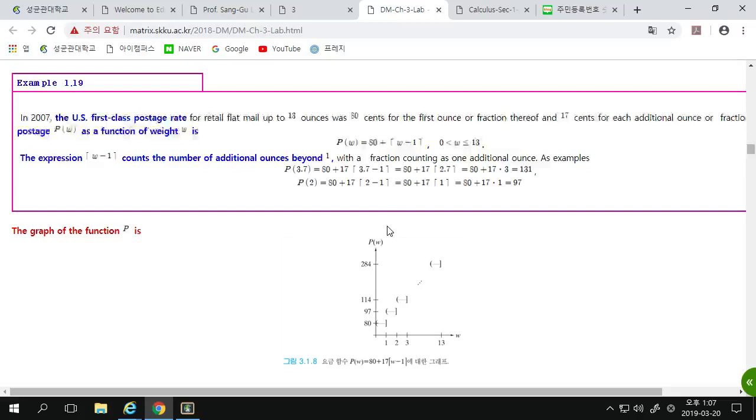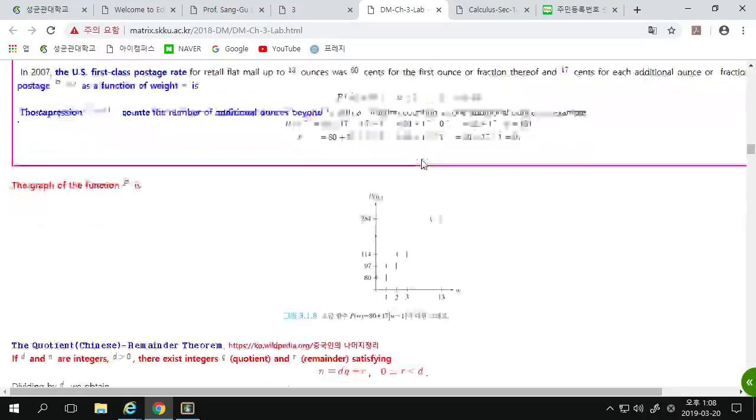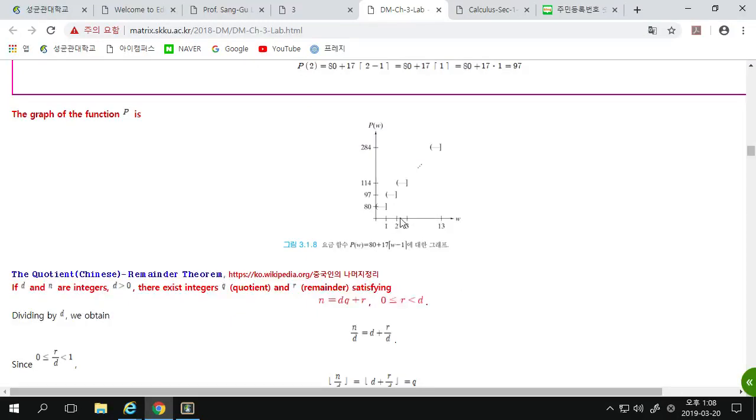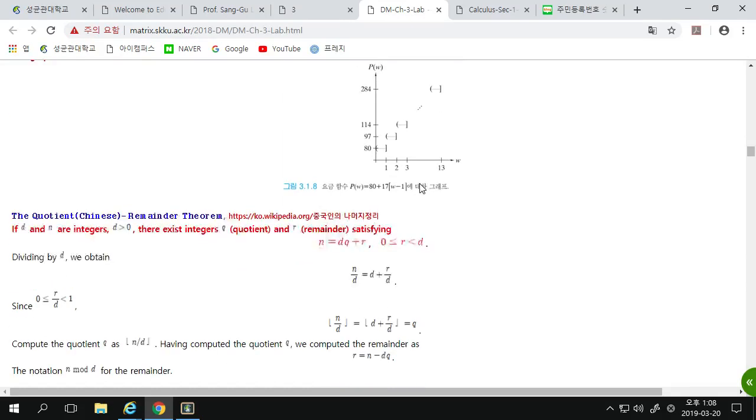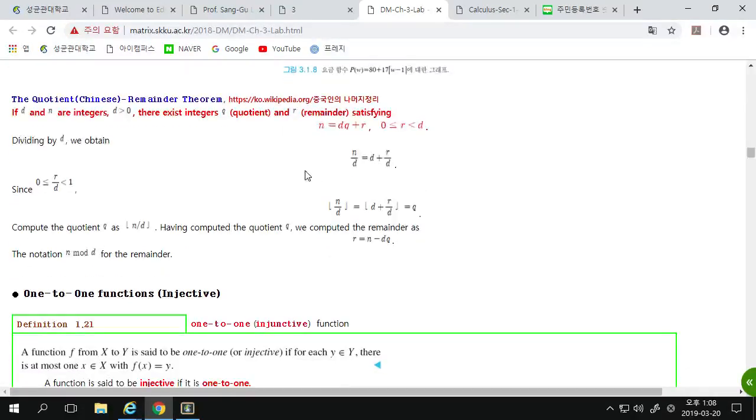For the price of postage based on weight, we are using these ceiling functions. If the weight is this much, then the price is fixed until that weight. If above that, then the price goes up.